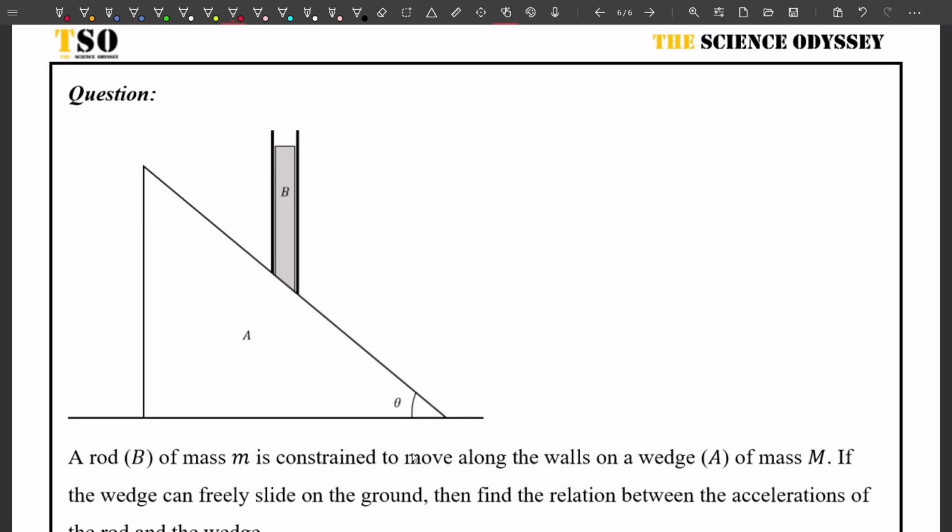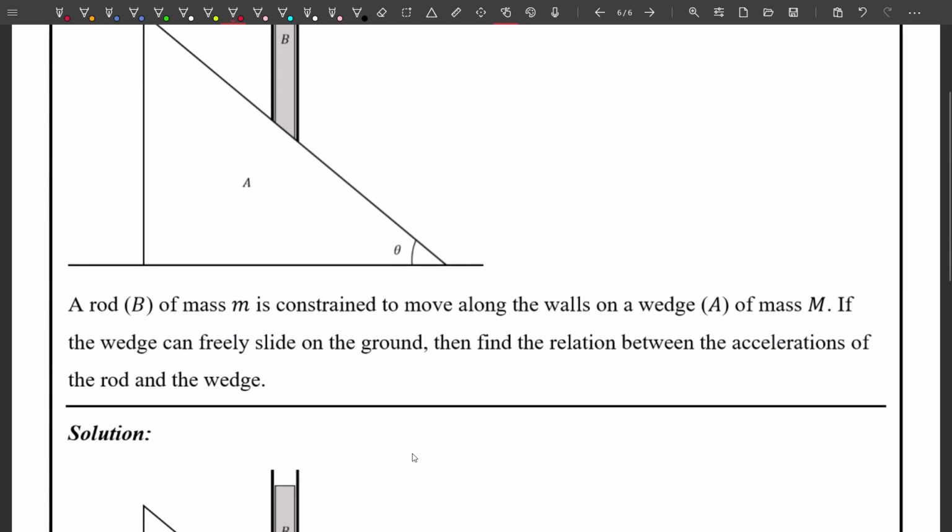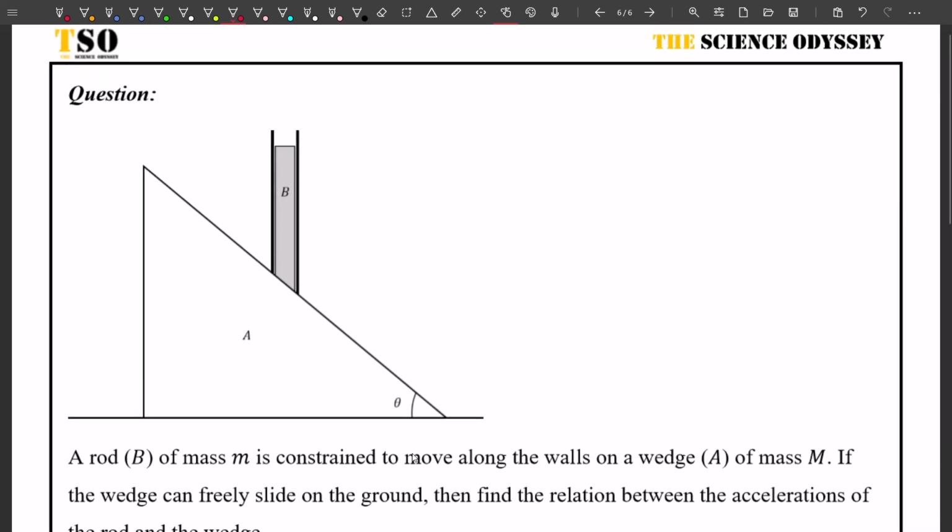Let's take our next problem, which says that a rod B of mass m is constrained to move along the walls of the wedge A of mass capital M. If the wedge can freely slide on the ground, then find the relation between the acceleration of the rod and the wedge. So clearly the rod here is constrained to move in the vertical direction.